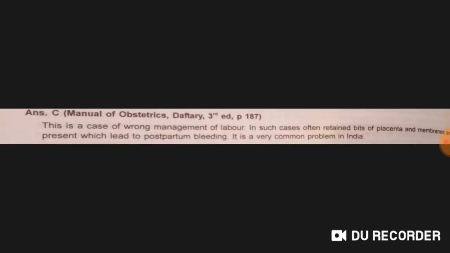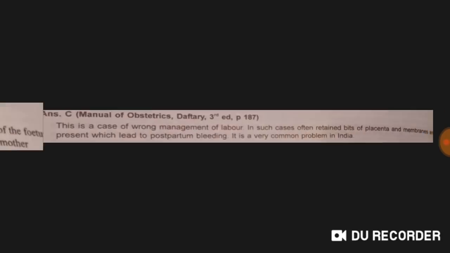So, the answer here is retained bits of placenta and membranes. So, C option is right. This is a case of wrong management of labor. In such cases, retained bits of placenta and membranes often lead to postpartum bleeding. It is a very common problem in India.